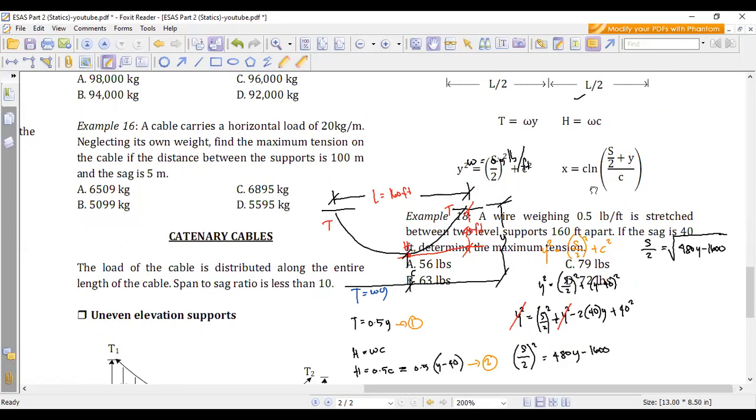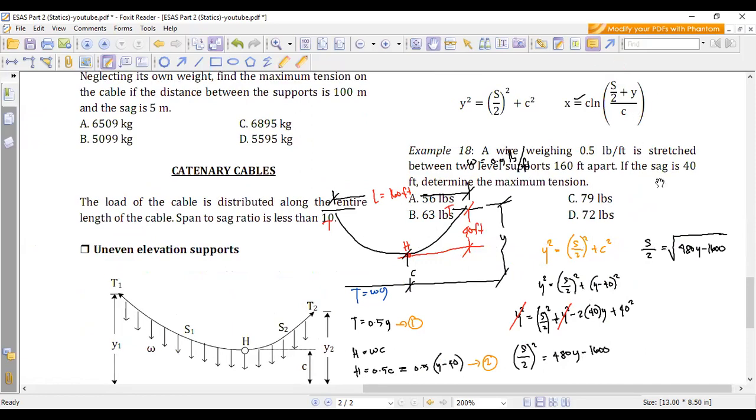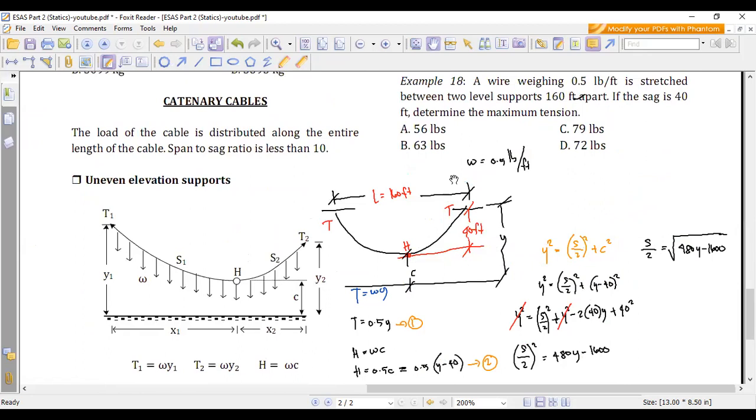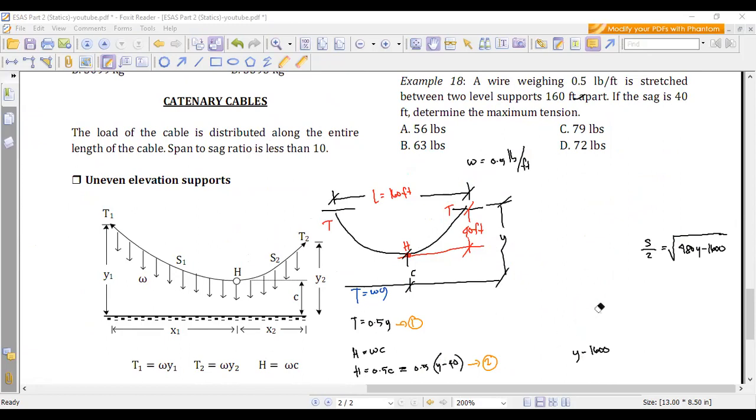So therefore, we can make use of this formula. If we write the formula, we'll just erase this one first. We have already identified what is s over 2. So we write the formula.